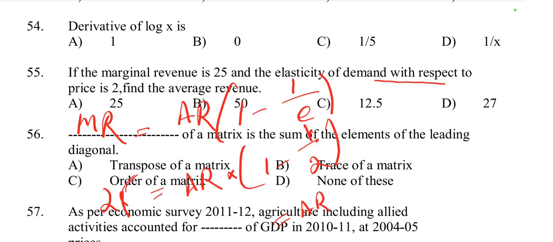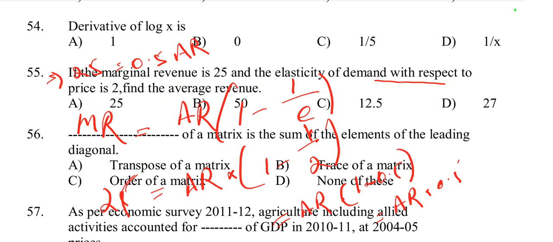AR into 1 minus 1 by 2, that is 1 minus 0.5, is 0.5. So AR into 0.5. Here MR means 25 is equal to 0.5 AR.